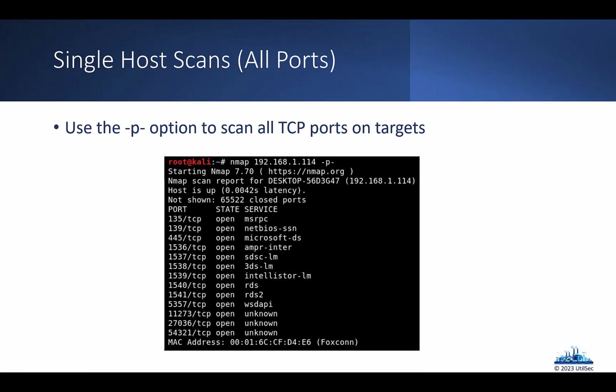So we talked about how you can use -p dash to scan all of the TCP ports or all UDP ports. But because of how UDP works, there's no 3-way handshake to determine whether a port's open or not. Sometimes it's very ambiguous, even if we get an answer, so a lot of it is unfortunately wasted time that we really don't have.